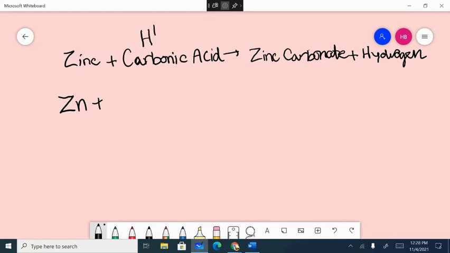Acid tells me it's H+. There's no hydro, so I know I'm looking for a polyatomic ion. And because it ends in ic acid, the polyatomic ion I'm looking for is carbonate. The -2 on carbonate tells me I need 2 hydrogens, so it's going to be H2CO3.